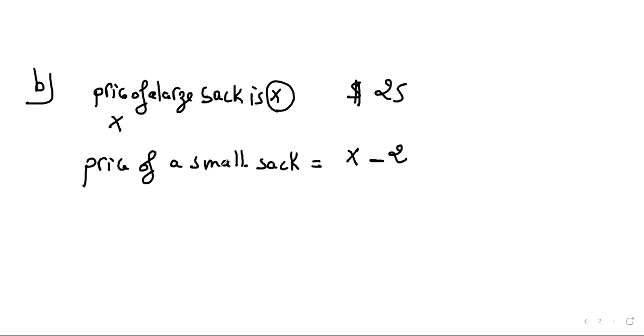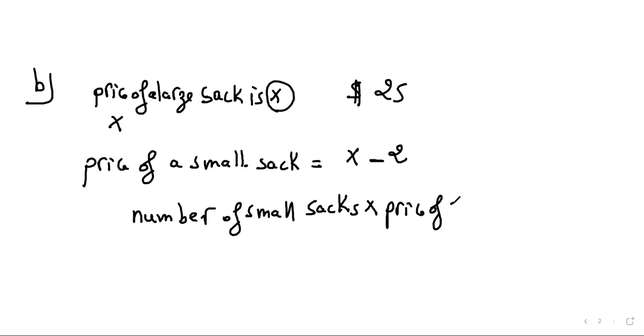Now, Rula spends $25. Write down, in terms of X, an expression for the number of small sacks Rula buys. So I know that the number of small sacks, the same strategy as we did, times the price of a small sack will give you the total price, right?